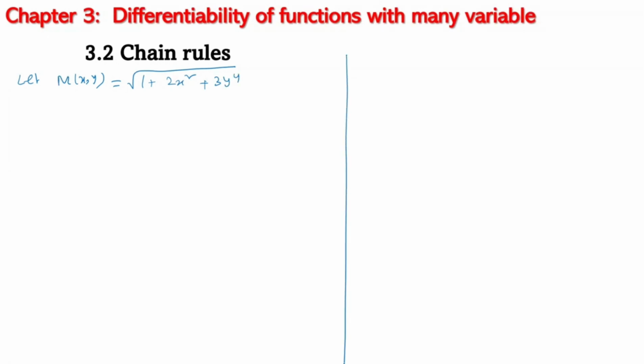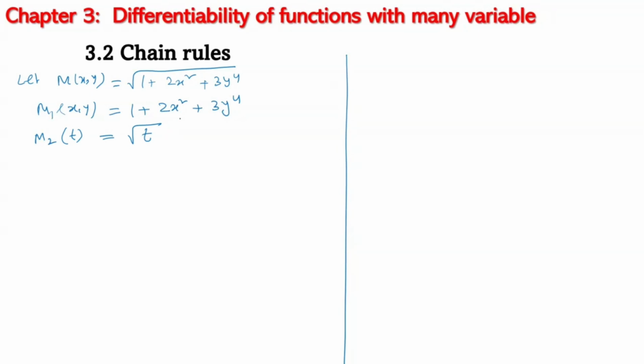In this case, we take another two functions: m1(x,y) equal to 1 plus 2x square plus 3y to the power 4, and m2(t) equal to the square root of t.